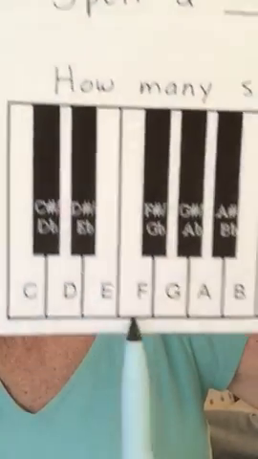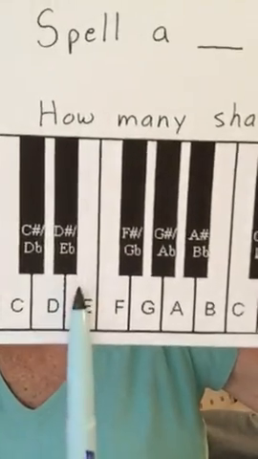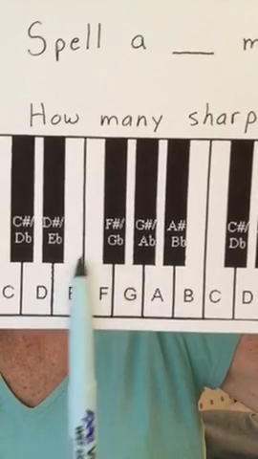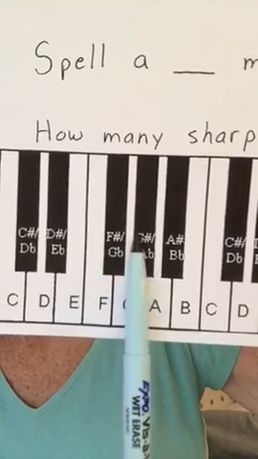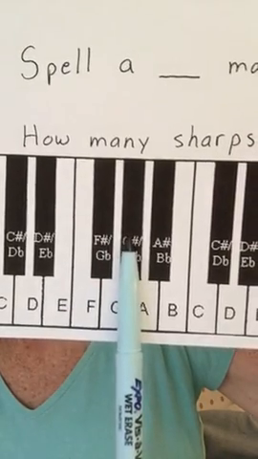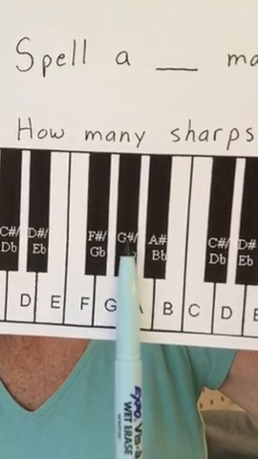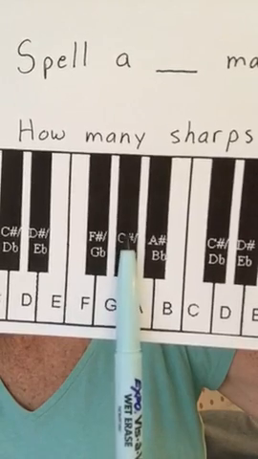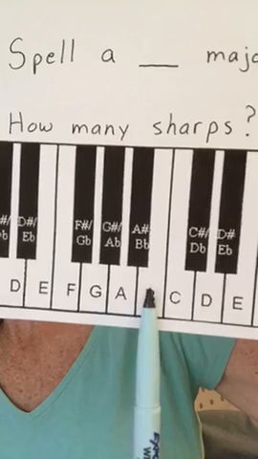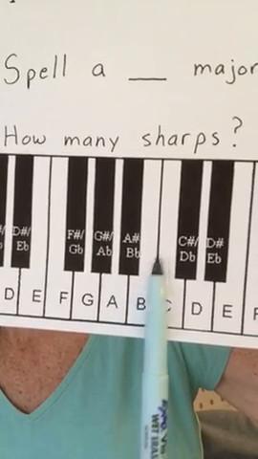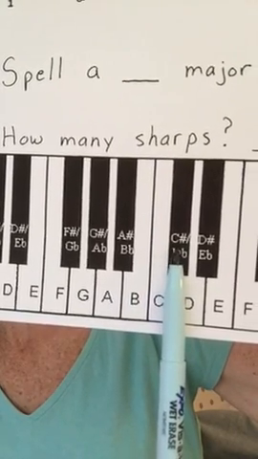E to F sharp. So where's E? See, we need a whole step between the 1st note and the 2nd note. E to F sharp is a whole step. 2nd note to 3rd note needs to be a whole step, and we have G sharp. And then after G sharp, we need a half step, so we have A. And then we need a whole step, and we have B. And then we need a whole step, and our next note is C sharp, which is a whole step.